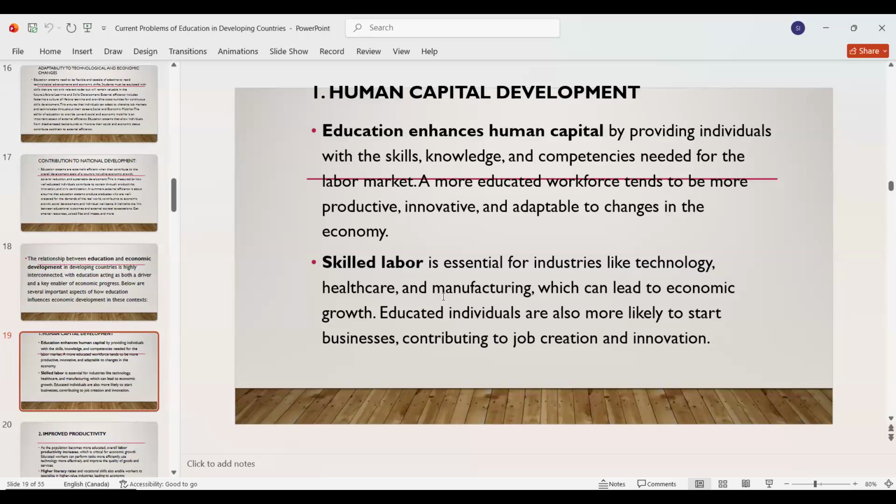Educated individuals are also more likely to start businesses, contributing to job creation and innovation. When we learn about Japan's education, they give more priority to the business side. For each business, they have a degree, so they learn something and then come to the business, right?